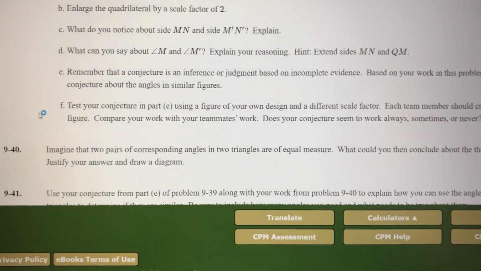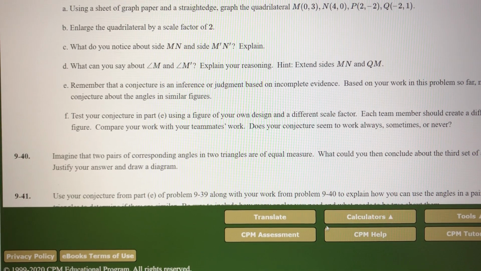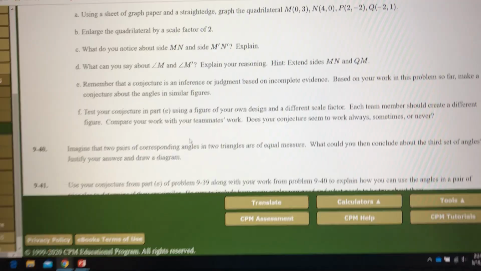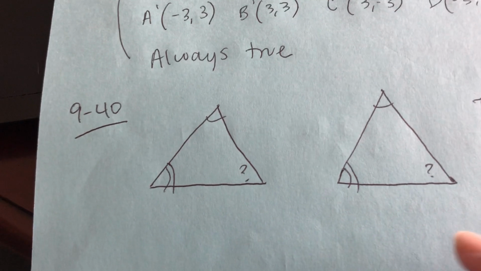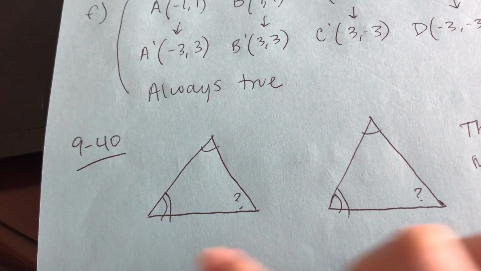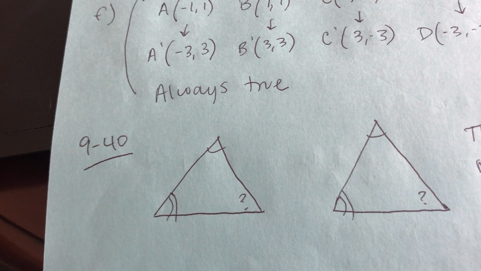All right, 9-40 says, imagine that 2 pairs of corresponding angles in 2 triangles are of equal measure. What could you then conclude about the third set of angles? So here's what I did. I drew 2 triangles, and I drew this angle and this angle as being equal to each other, and this angle and this angle being equal to each other.